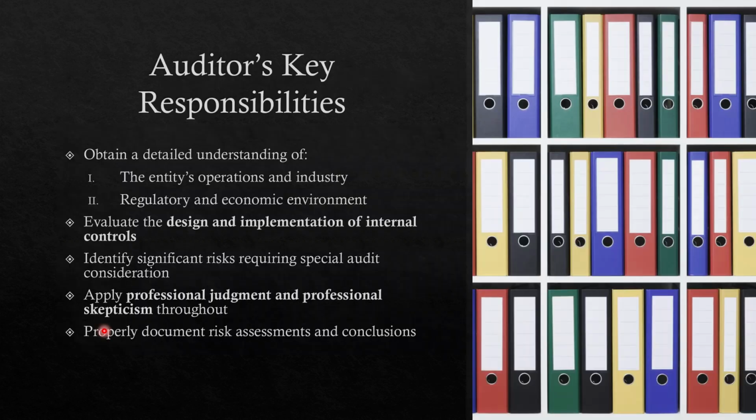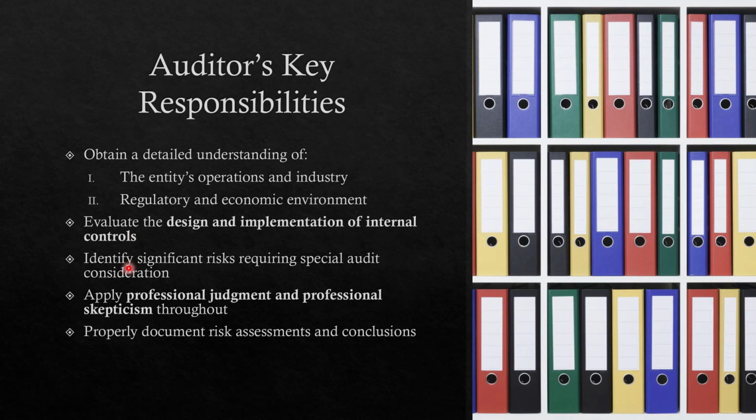Okay, moving forward, what are the auditor's key responsibilities? Under ISA 315, auditors have several important responsibilities. They must obtain a detailed understanding of the entity's operations and industry, and the regulatory and economic environment. Auditors also need to evaluate the design and implementation of internal controls, not just assume they work.